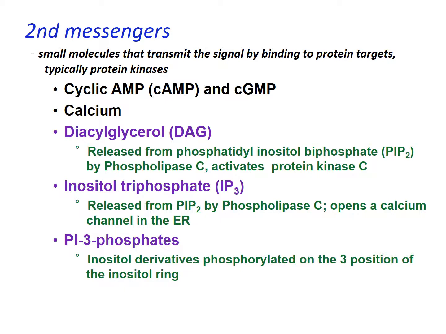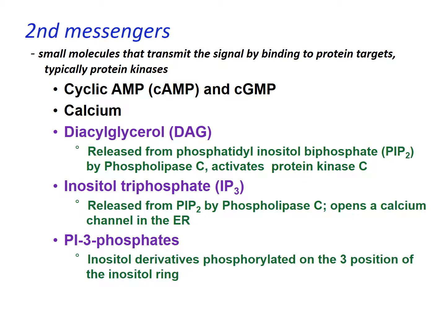Sometimes a receptor causes the formation of cyclic AMP or cyclic GMP, which then activate other pathways. Calcium can be released in the cell, and that causes signals.